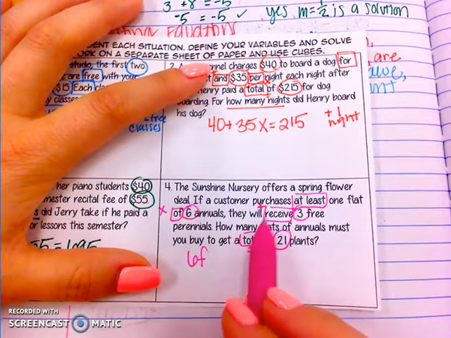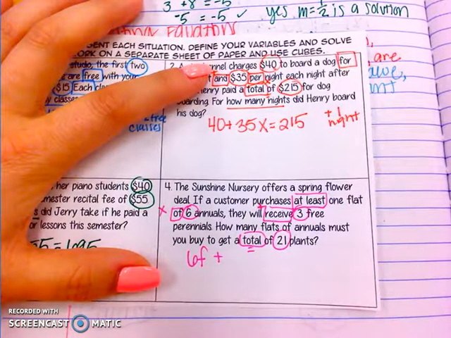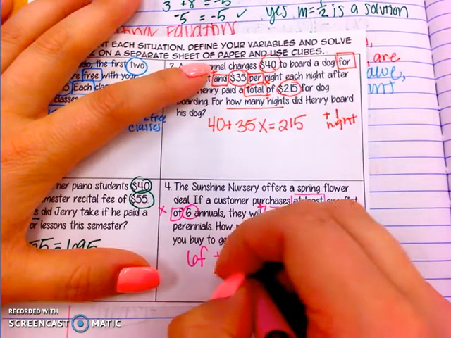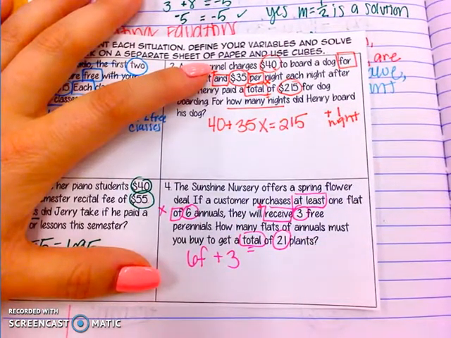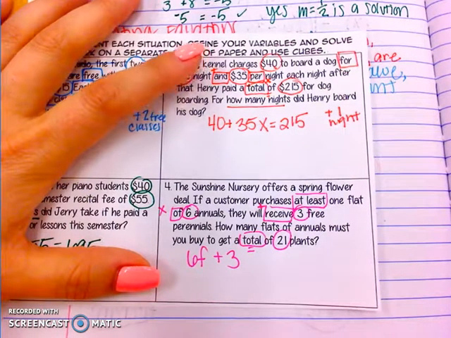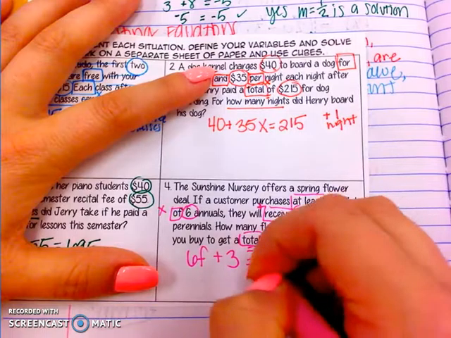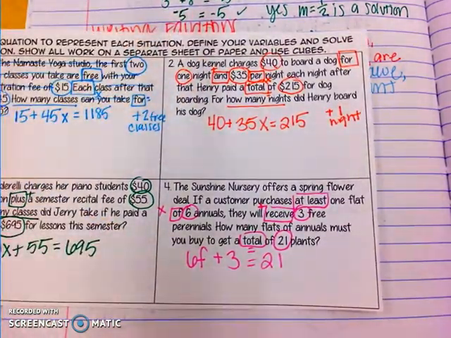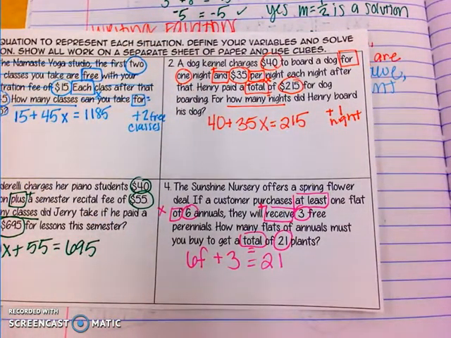And then I receive 3 free perennials. It's a different way that those flowers grow. And I need a total of 21 plants. So I would solve how many flats I got of the annuals to get that total of 21 plants.